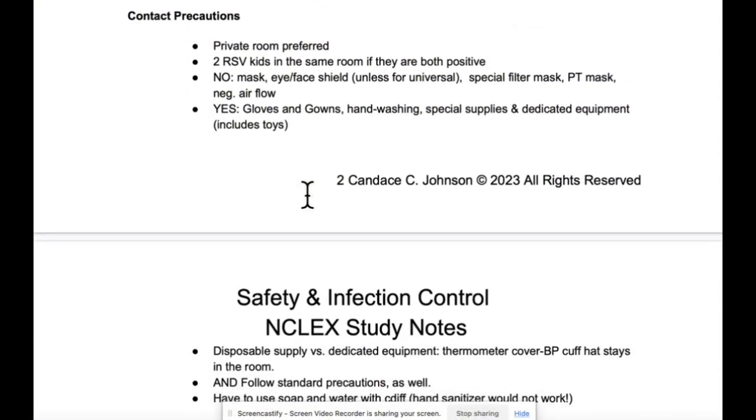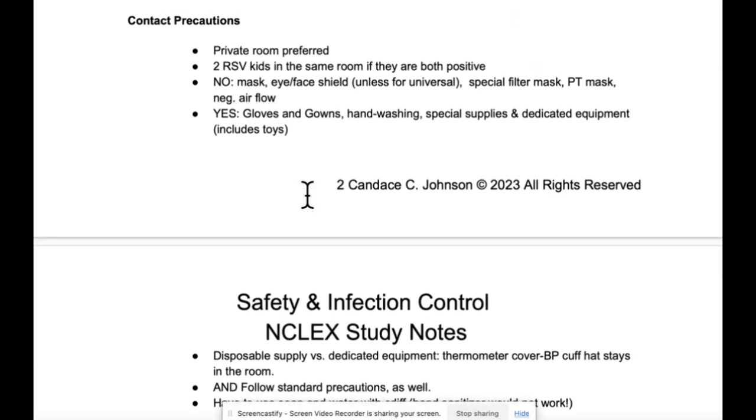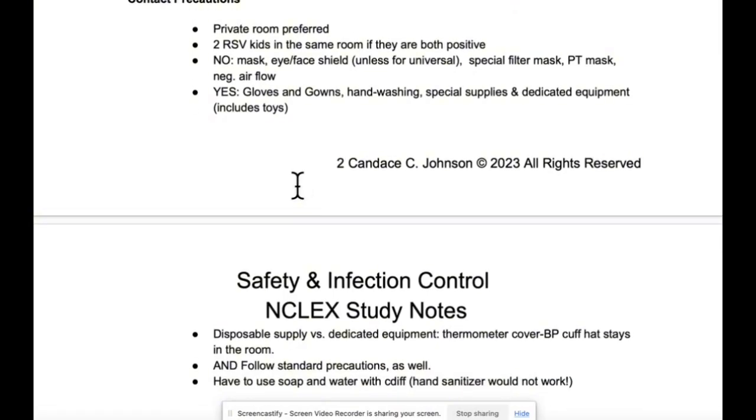Okay. So what do we do for the person on contact precautions? Well, we put them in a private room. That's preferred. Two of the RSV kids or the meningitis kids, they can go in the same room if they're both positive. That's cohorting. All right. You don't need a mask or an eye shield or face shield unless it's for universal precaution reasons.